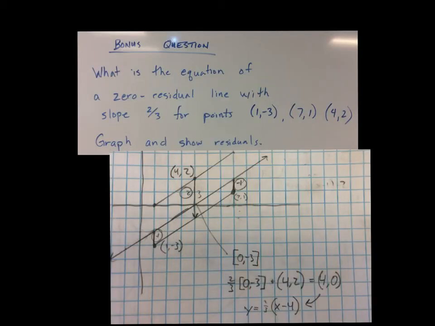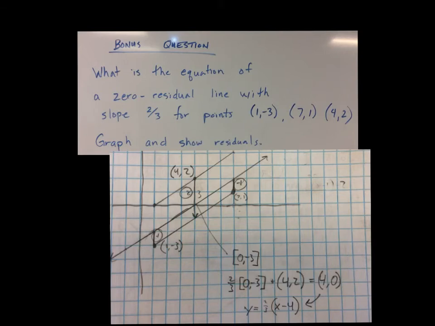What is the equation of a zero residual line with slope 2/3 for points (1, -3), (7, 1), and (4, 2)? Graph and show the residuals. So I start off by graphing all 3 of the points here, here, and here.